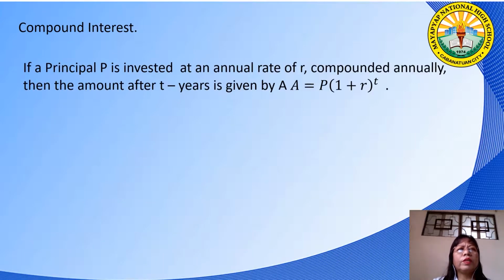So if a principal P is invested at an annual rate of R compounded annually, then the amount after T years is given by A equals P multiplied by 1 plus R raised to T, where A is the amount, P is the principal, R is the rate of interest, and T is the time or the number of years.